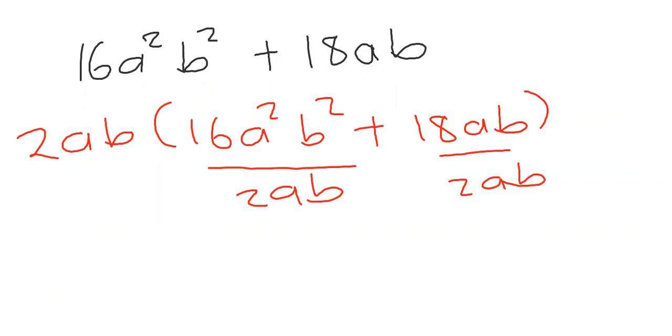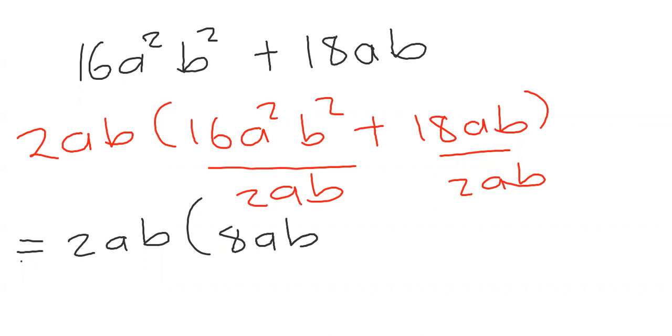What is outside the brackets doesn't change. Inside the brackets, I now have 16 divided by 2, which is 8. Then a squared divided by a, I get an a. b squared divided by b, I get a b.